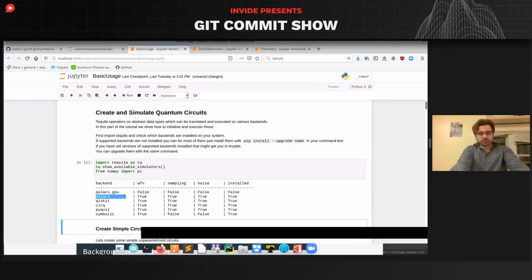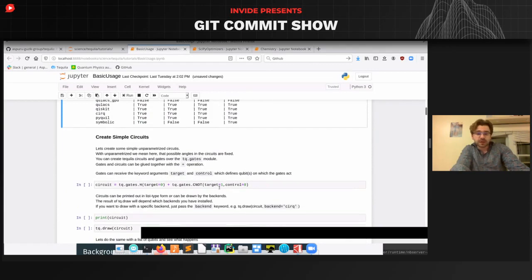So we've got installed on my machine Qulacs, a very powerful simulator, very fast, Qiskit, Cirq, PyQuil, and a built-in symbolic simulator with a number of abilities, wave function sampling, regular sampling, noisy simulation in some cases, and this little subheading tells you what's installed.